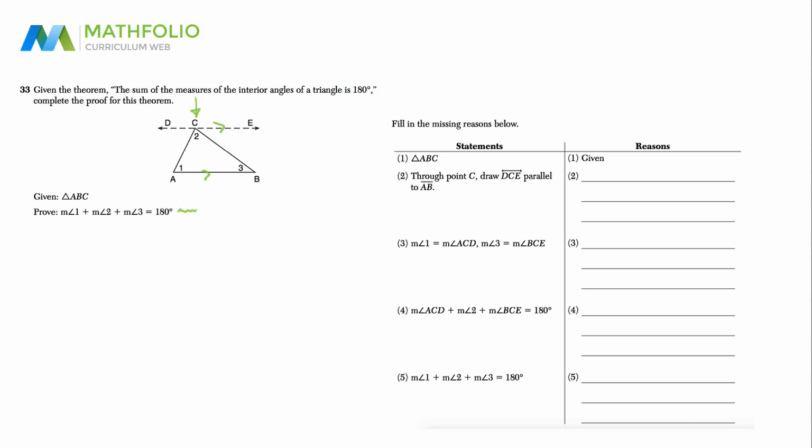So they've said through point C, draw DCE line parallel to AB, and the reason for that is that to a given line there's only one parallel line that can be drawn through a point not on the line. So let's just think how we can write that.